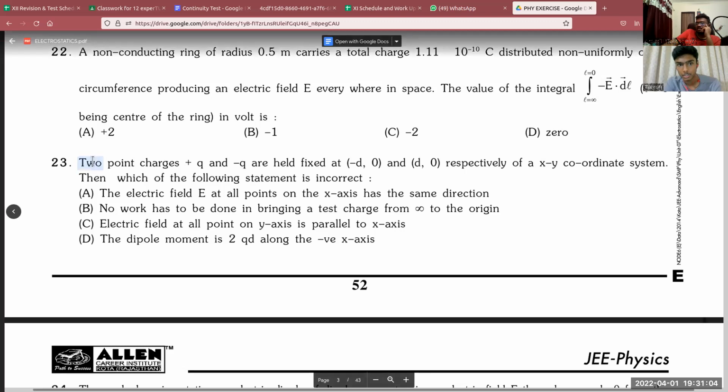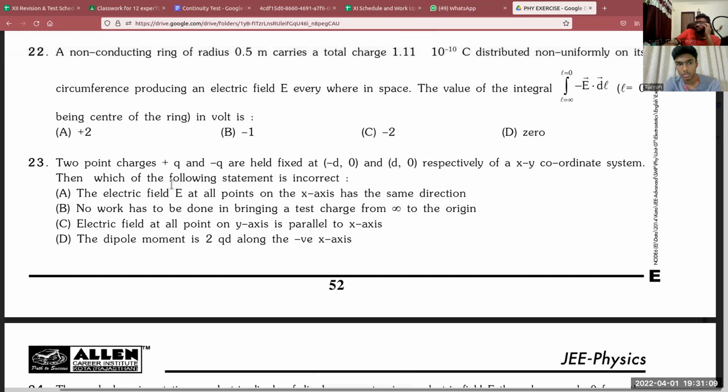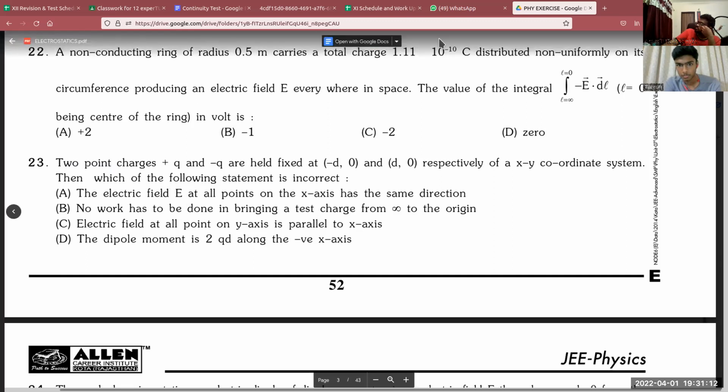Question 23, only the A part. Tell me whether it's correct or not. Just tell me the A part. Sir, it won't.